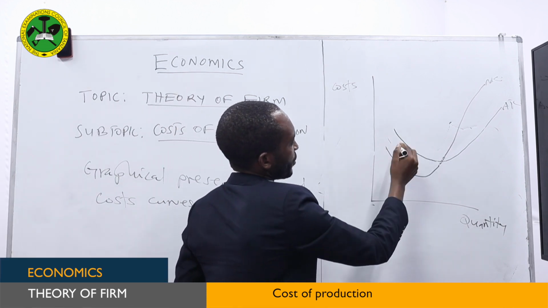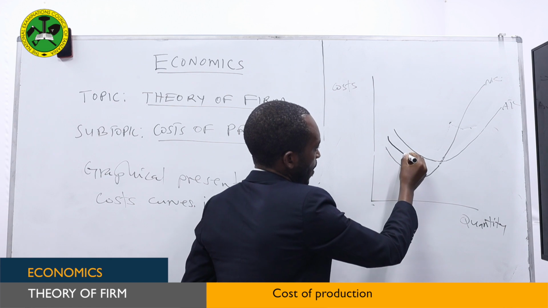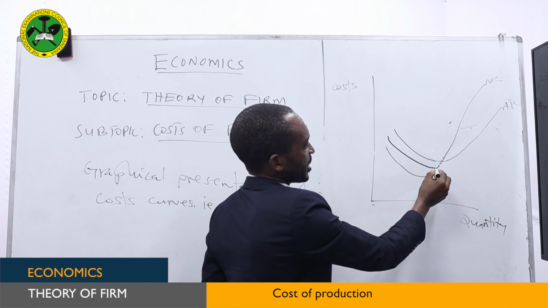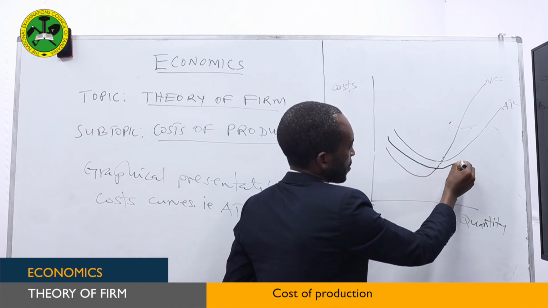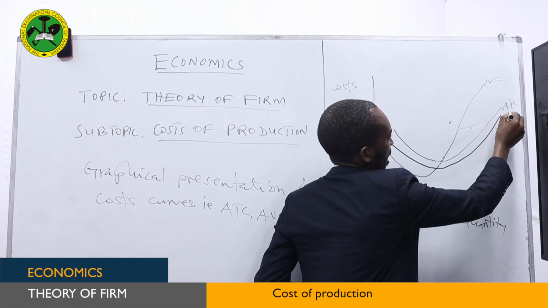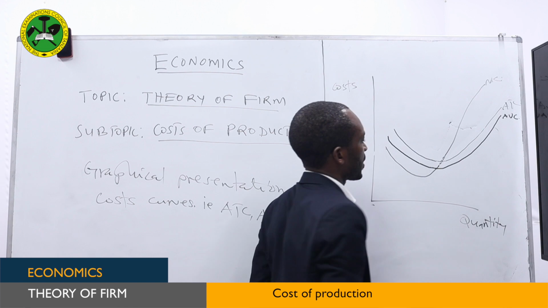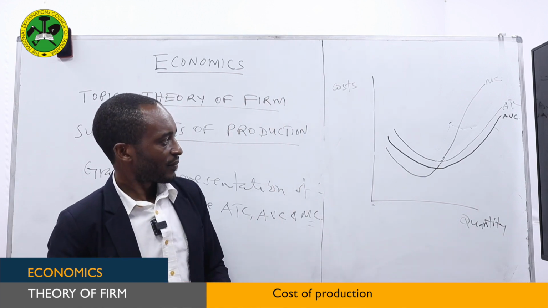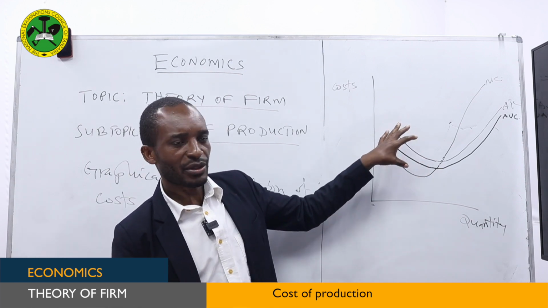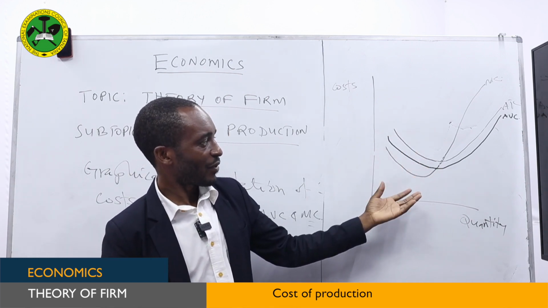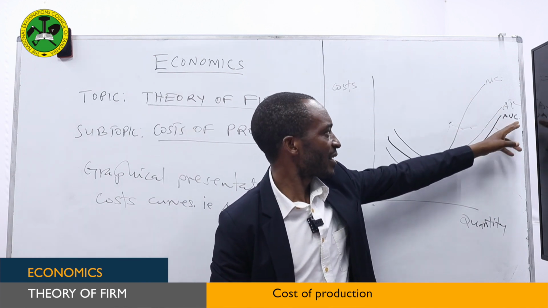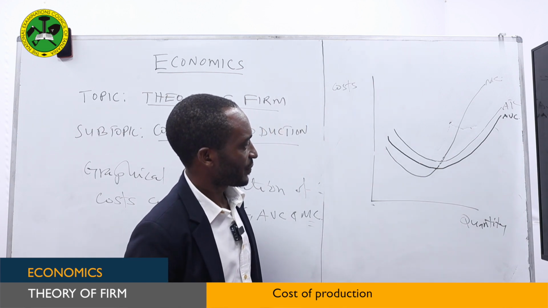Then it will meet the marginal cost, and also start to rise. So this will be the average variable cost. So the three costs which we use to analyze the production process are the marginal cost, average total cost, and average variable cost.